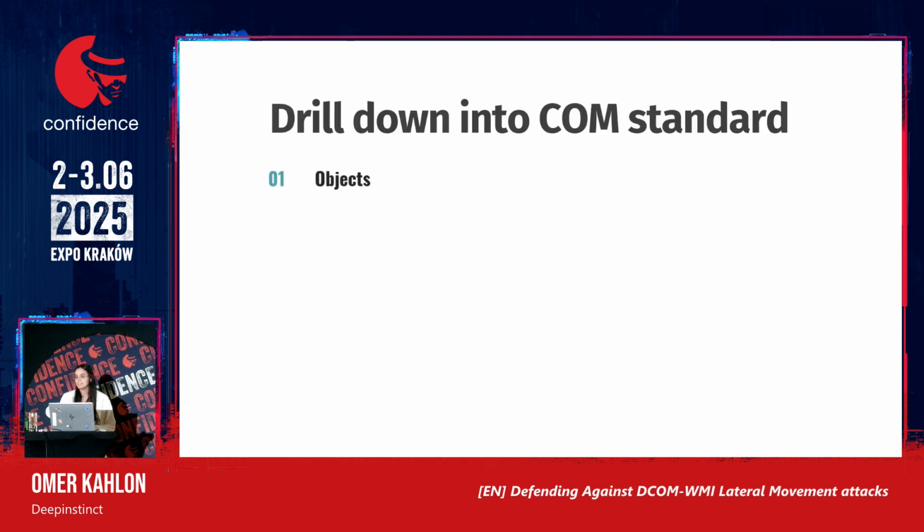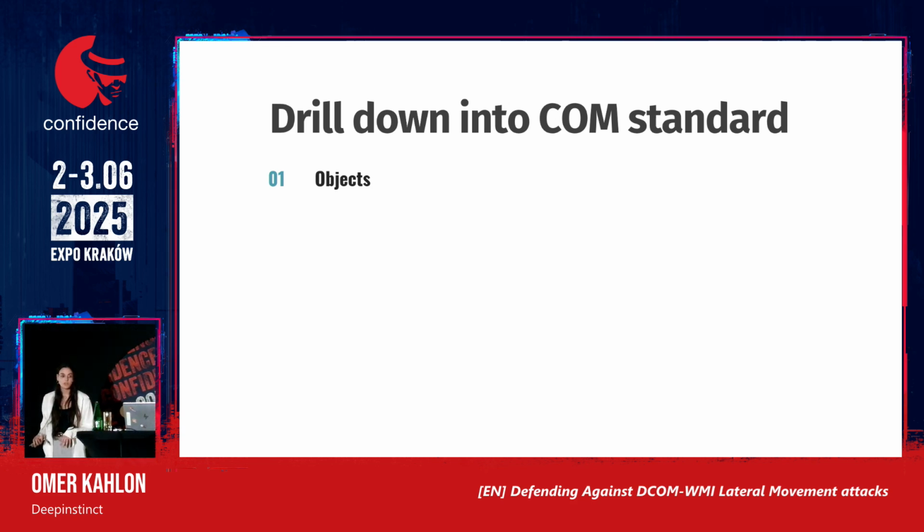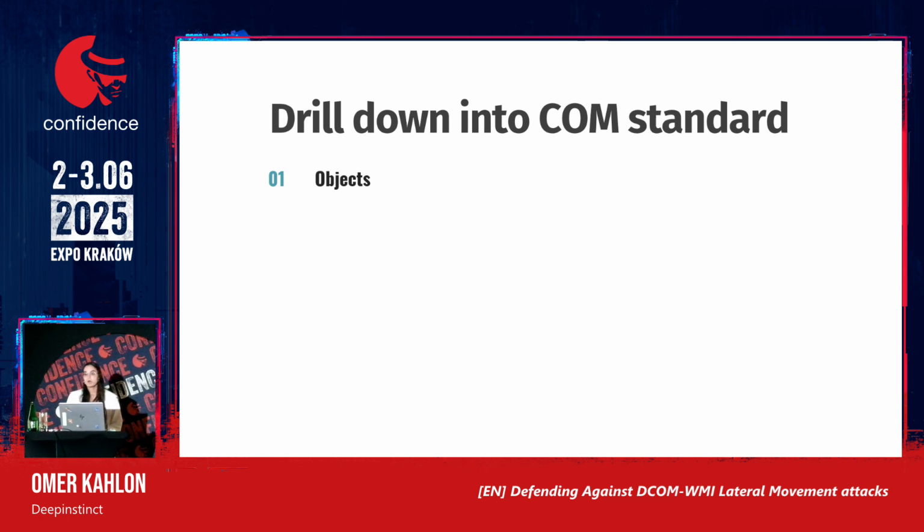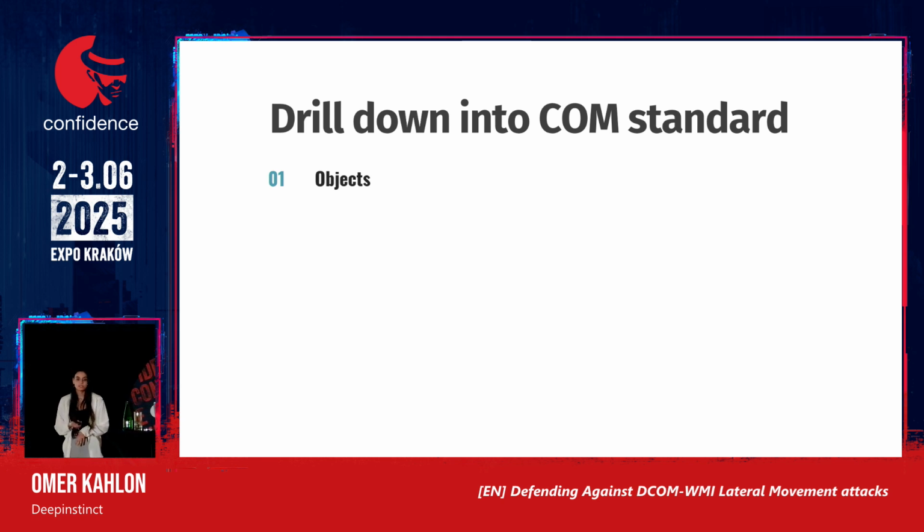So as I said, this was a very basic definition of the COM protocol. Let's drill down into the COM standard. A COM object can be described as an instance of compiled code that provides a service to the rest of the system. That code is defined as a COM class.